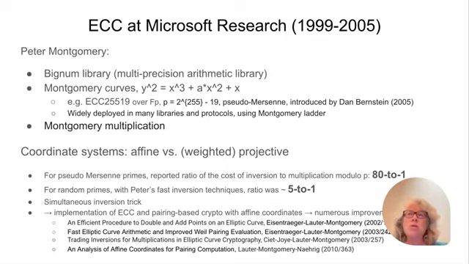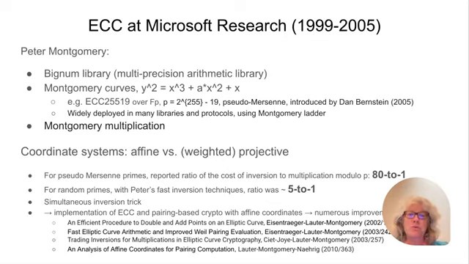So this actually indicated that it was a good idea to consider affine coordinates for elliptic curves instead of the typical weighted projective coordinates, because the weighted projective coordinate system gets away with no inversions for each elliptic curve operation, but at the cost of more multiplications.